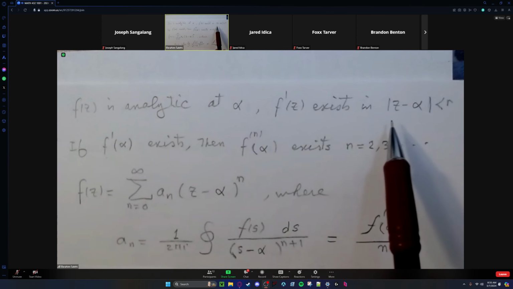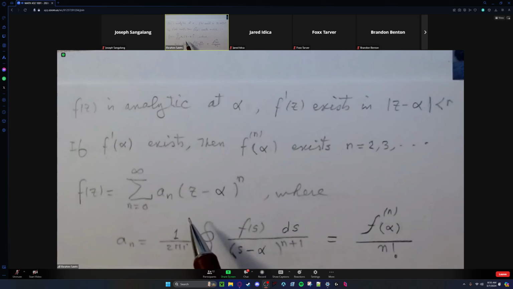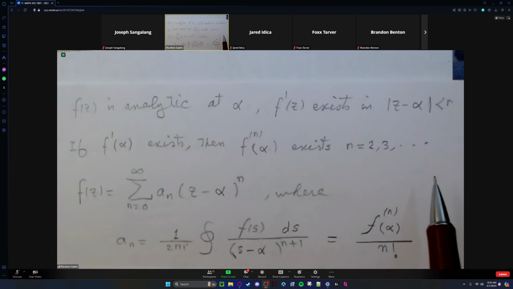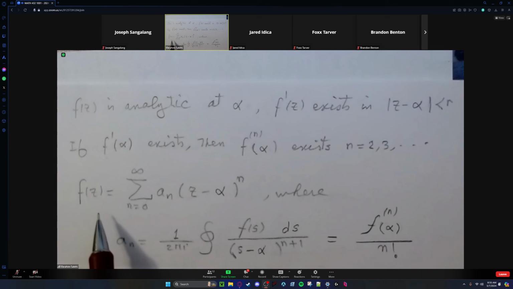If that is the case, then not only derivative exists, but the nth derivative also exists for any n. And we can have a Taylor series of the function centered at that point.